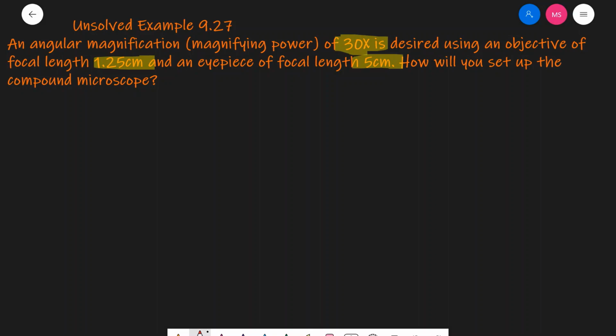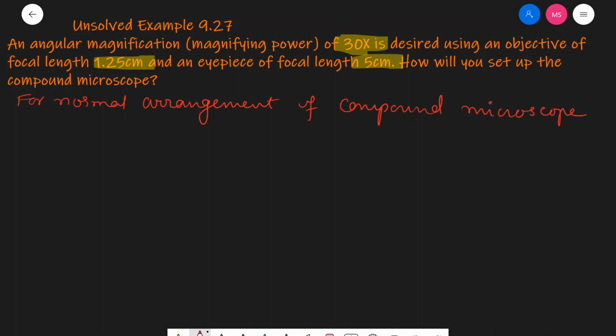So for normal arrangement of compound microscope, the final image must be obtained at near point.